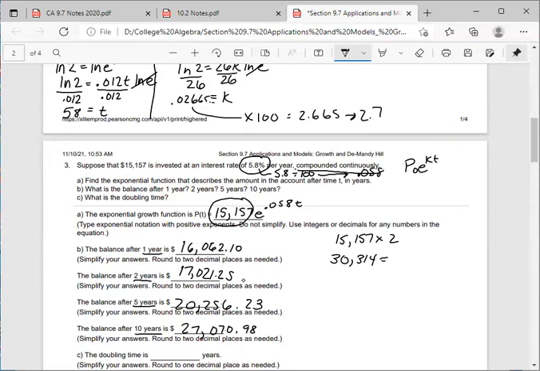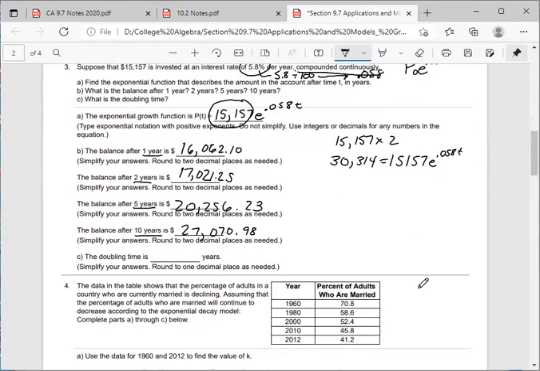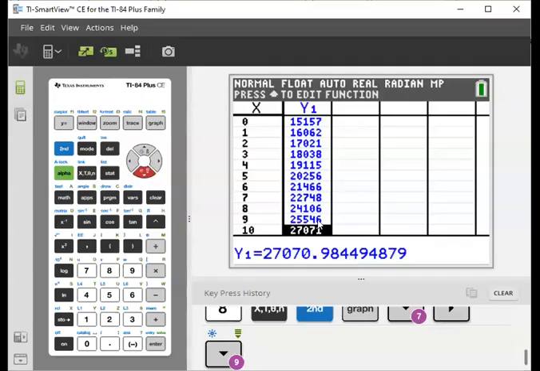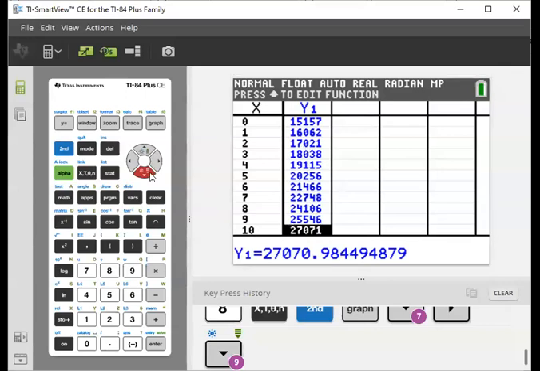So what I'm looking for is, when is that equal to 15,157 e? I'm just using my function that I had a while ago. But I can use my calculator to check myself, because it says round to 1 decimal place, but I can get pretty close by looking at my table and saying, well, when is it about 30,314? So I'm looking in this Y.